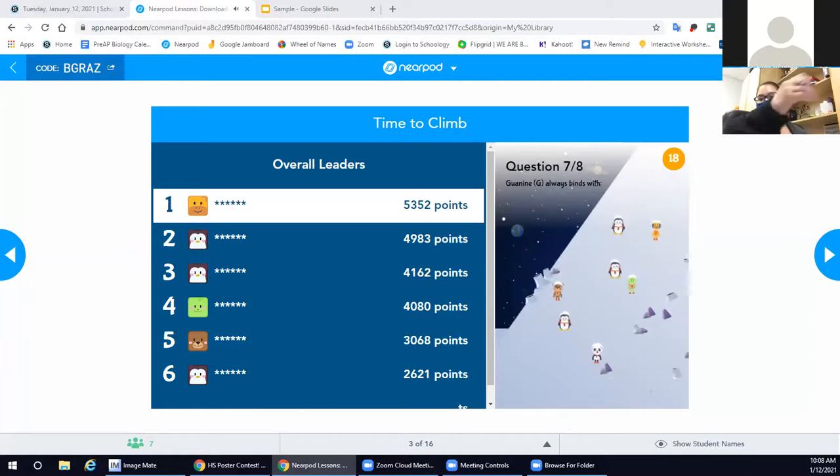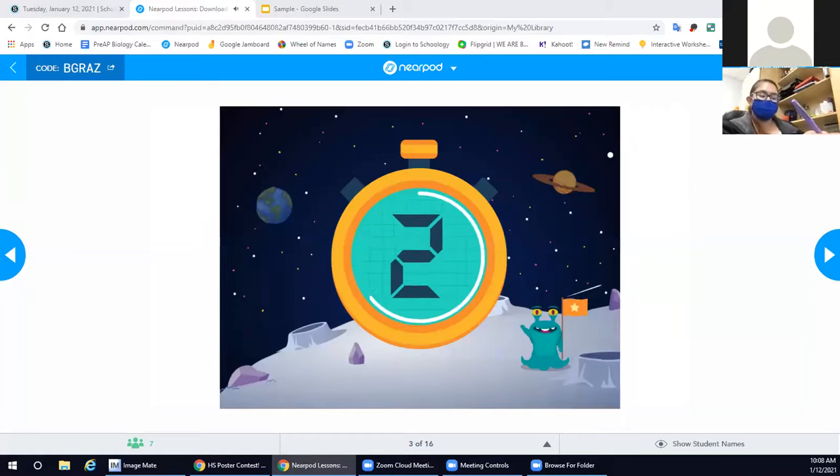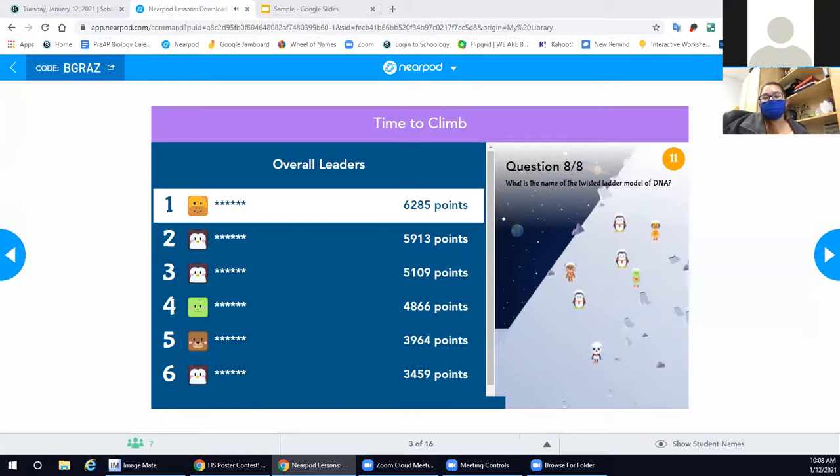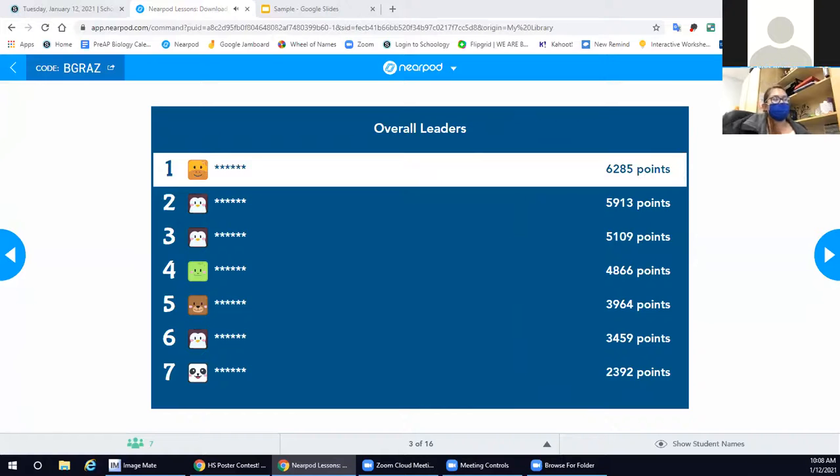Yes, that's cytosine. Next question. What is the name of the twisted ladder model of DNA? And that is the double helix. So good job to my top 3 people, my giraffe and my 2 penguins, and good job to everybody else who played.